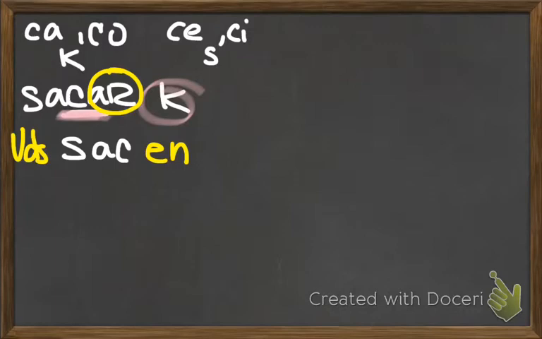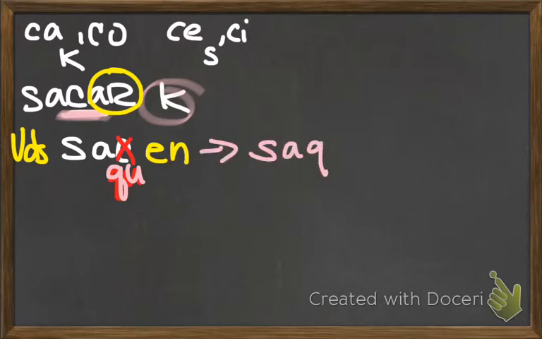So in order to make this saquen and not sacen, I have to change the c into a qu. The c changes to a qu. So, ustedes, I say it all the time, saquen la tarea.